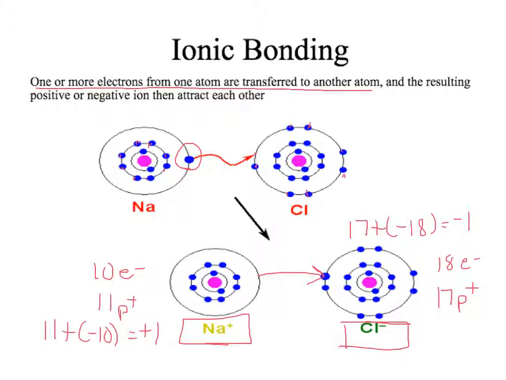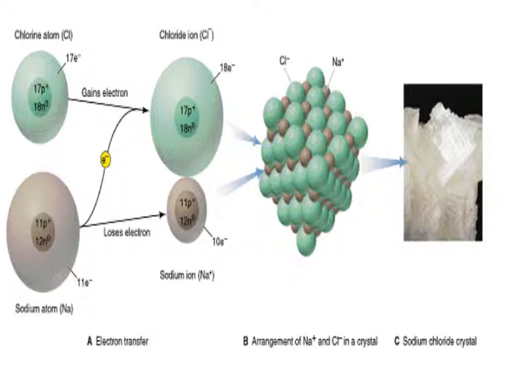If something gains electrons, it's going to have a negative charge. If something loses electrons, it's going to have a positive charge. Okay? This is just another diagram showing you how electrons can be gained or lost.